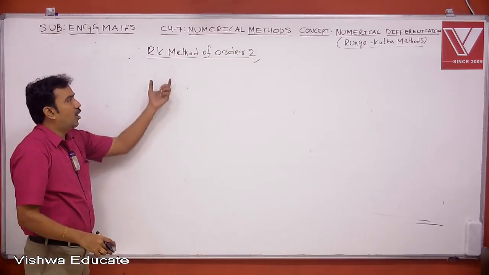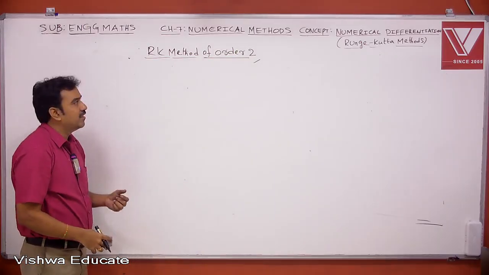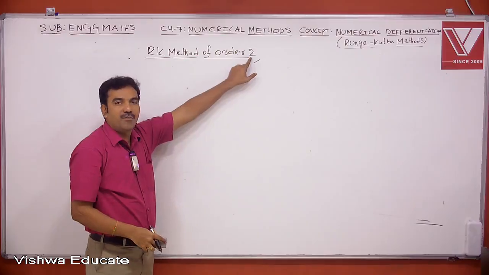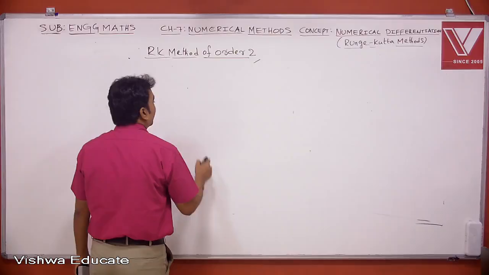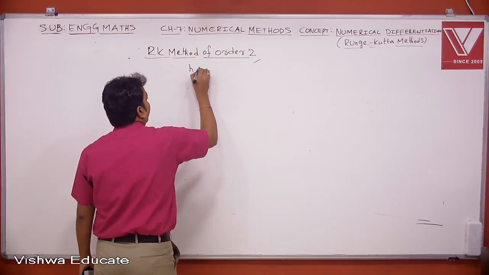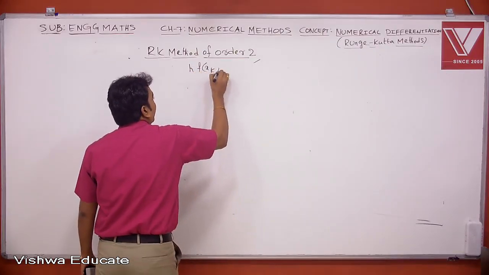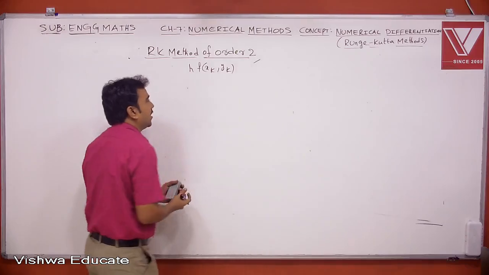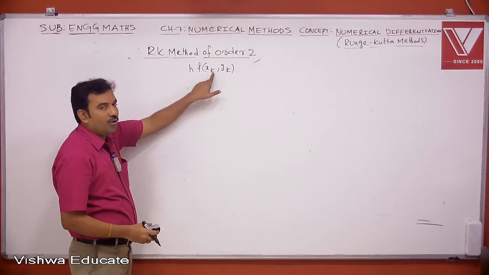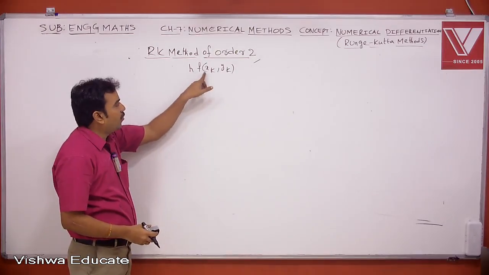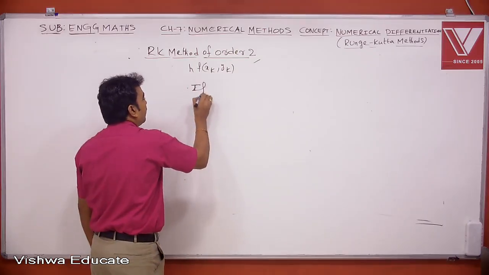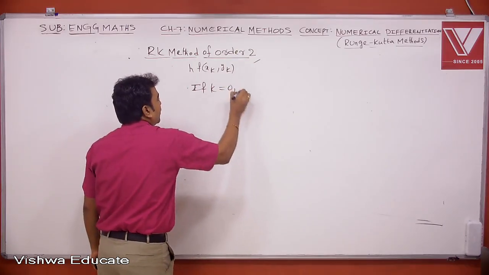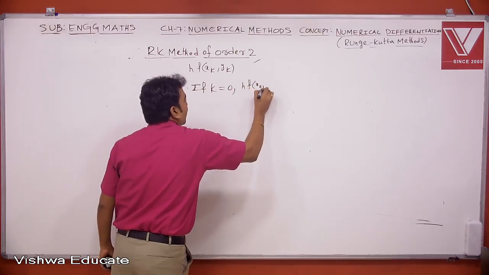Now let us see how RK method of order 2 looks like. See here, this 2 represents that in every iteration 2 values are required. In case of the previous method, that is RK method of order 1, in every iteration we are evaluating h into f of xk comma yk. If k is 0, that is h into f of x naught comma y naught.